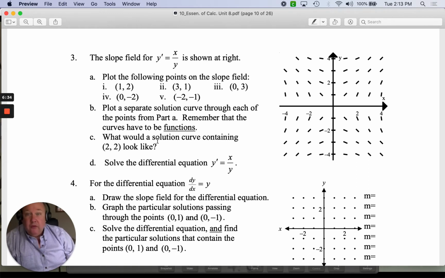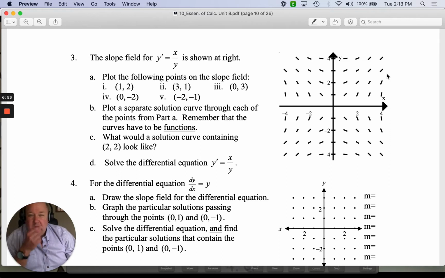Okay, so it says, what would it look like? Part C says, what would it look like containing 2, 2. So I want you to look at 2, 2, and notice it's just a line, y equals x, if you follow it. So it would just look like a line. That's what it would look like.